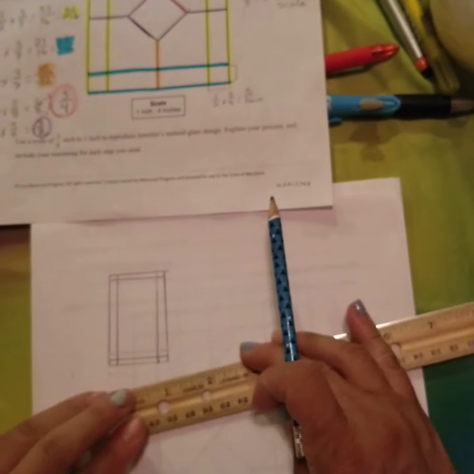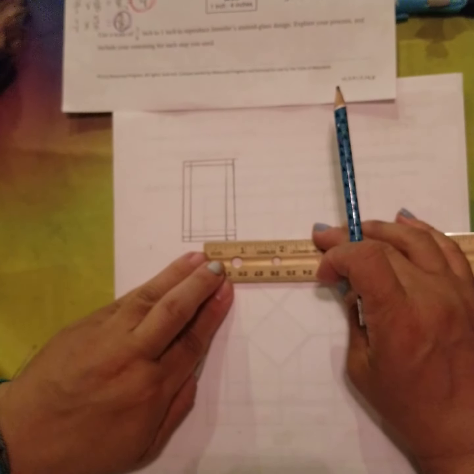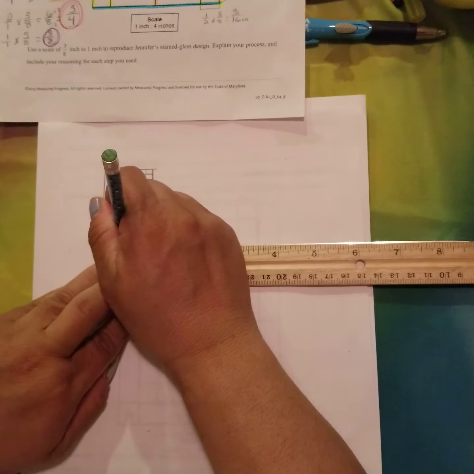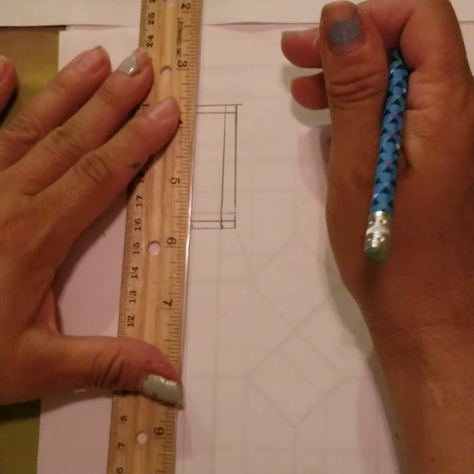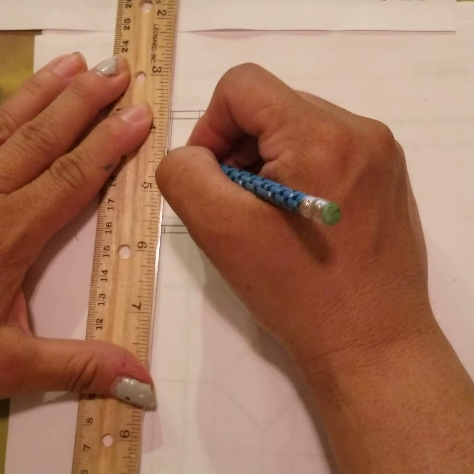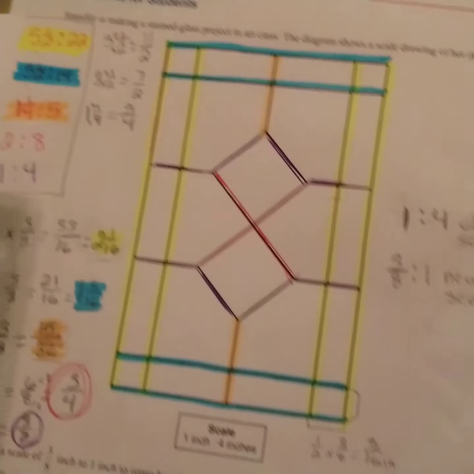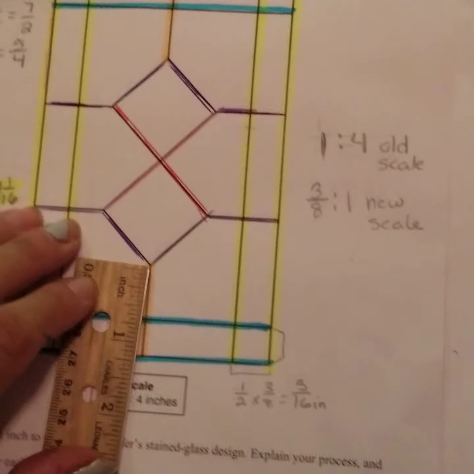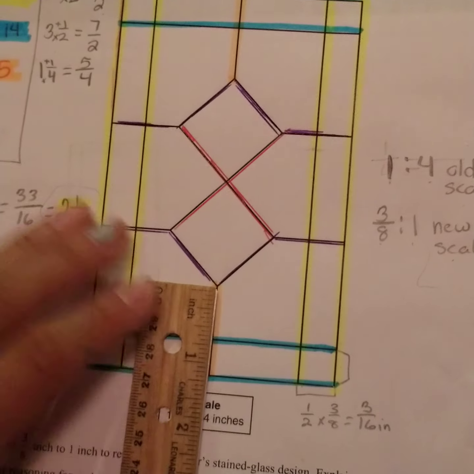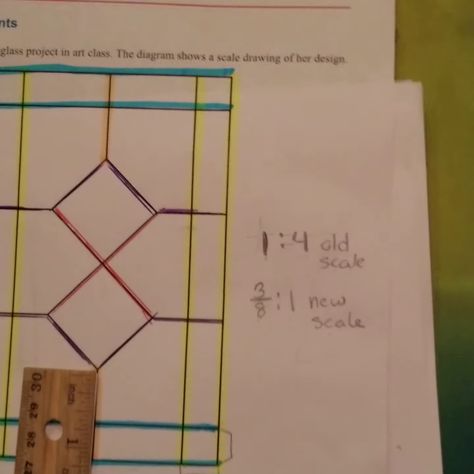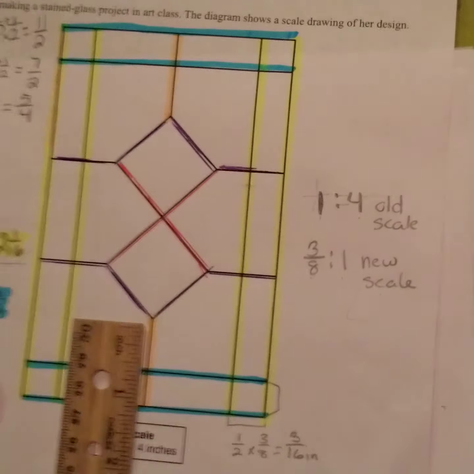So I'm going to take my ruler, 3/4 of an inch right here. That's going to go up like that. Then this is 1.5 inches. Did we do 1.5 inches? Oh no, I'm sorry. It's 1 1/4 inches because it's orange.